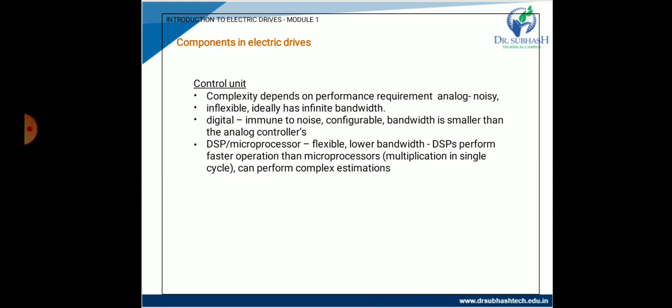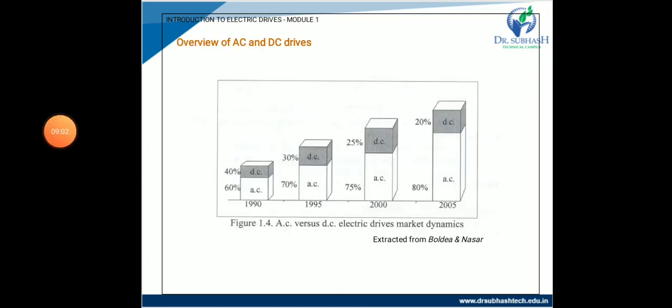Multiplication in a single cycle can perform complex estimation. So we can use a number of options for the controlling unit. Nowadays they are using DSP, processor, digital, so many things for variable frequency, variable speed drive of motor. So this is the overview of AC and DC drives.